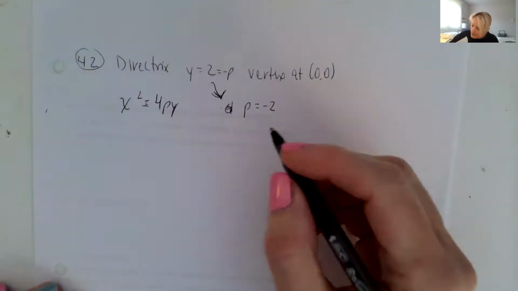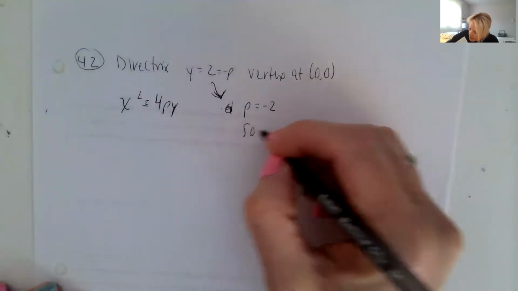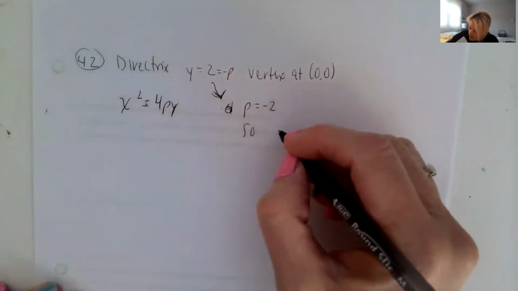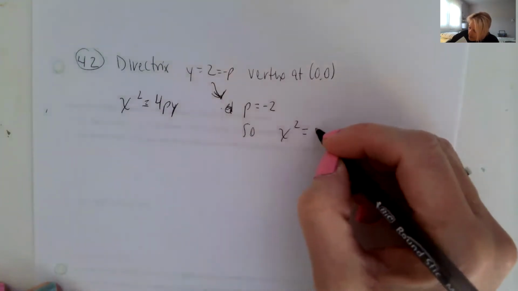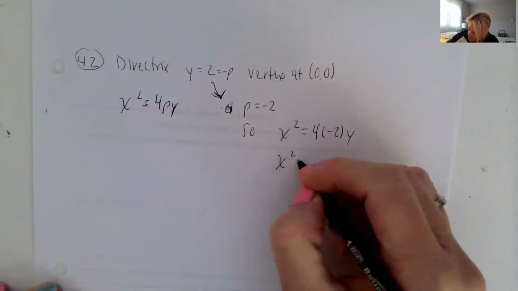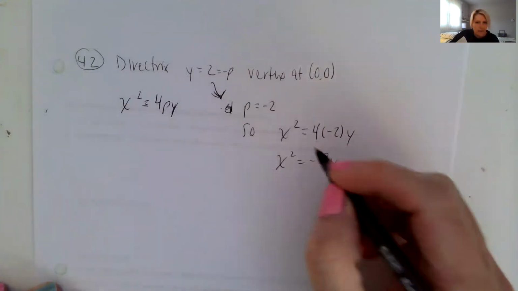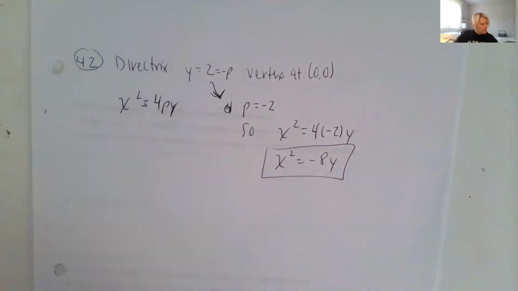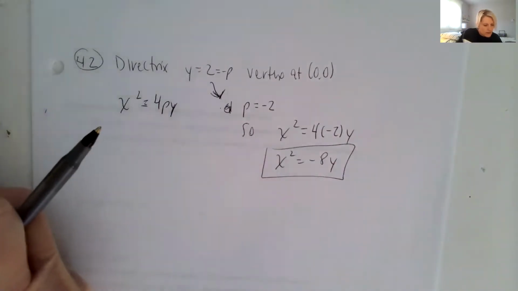And so if p equals negative 2, then x squared equals 4 times negative 2y, or x squared equals negative 8y. So there's our equation. Is that how they wanted? Yeah.